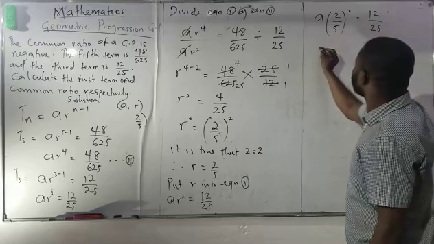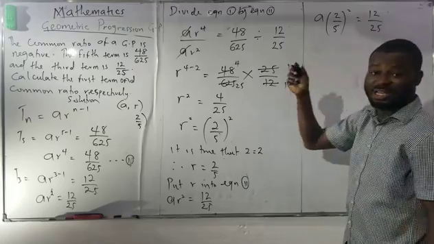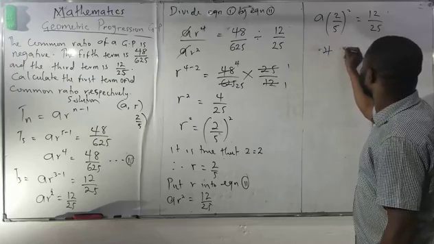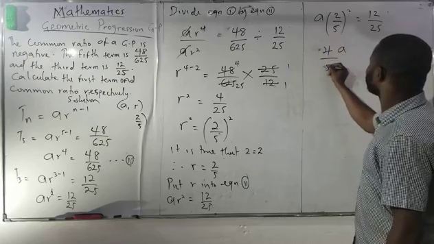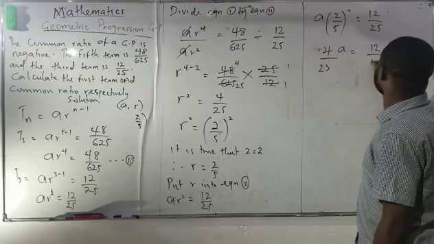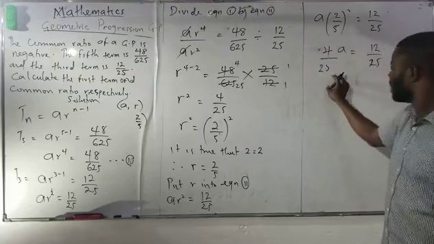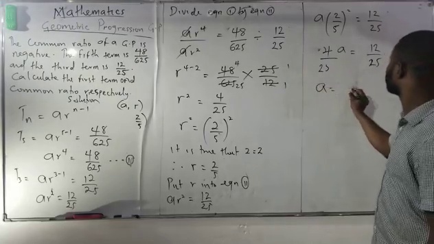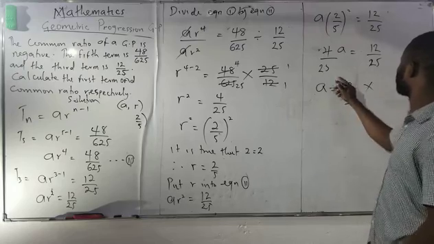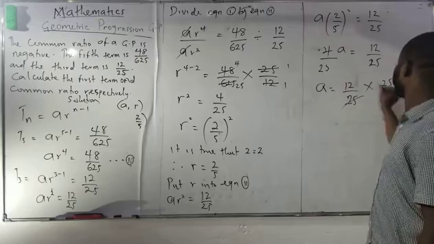Let me write it in the traditional way: 4A over 25 equals 12 over 25. Now, when I multiply by the reciprocal of this, A will be equal to 12 over 25 multiplied by 25 over 4. This we cancel.